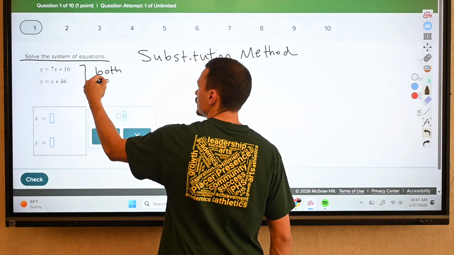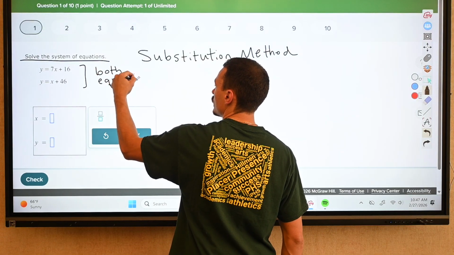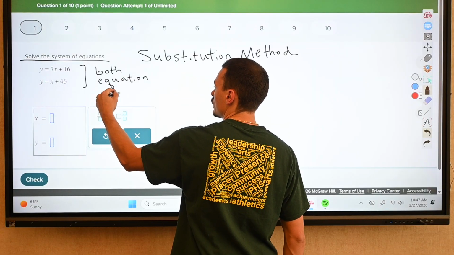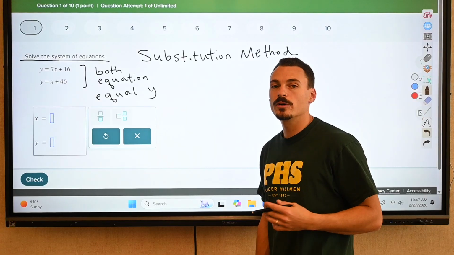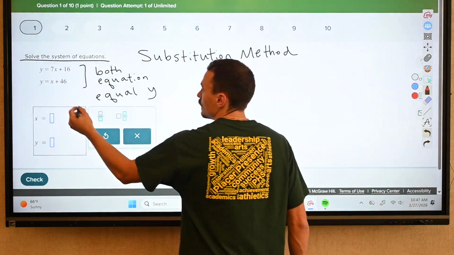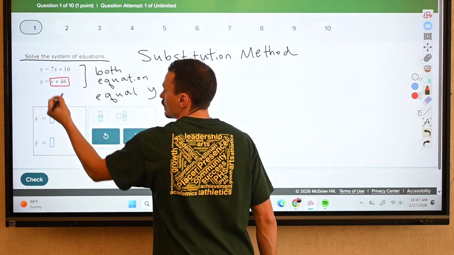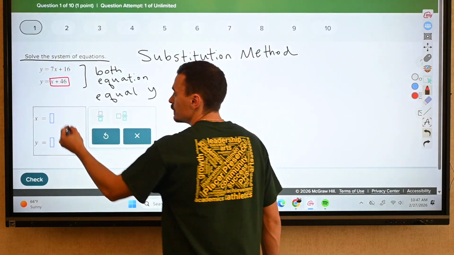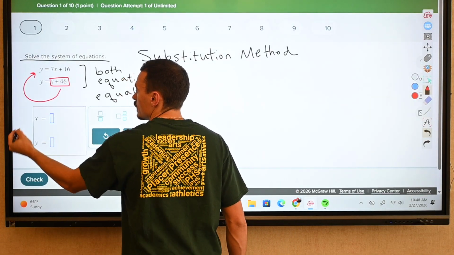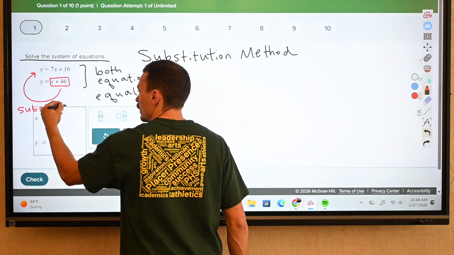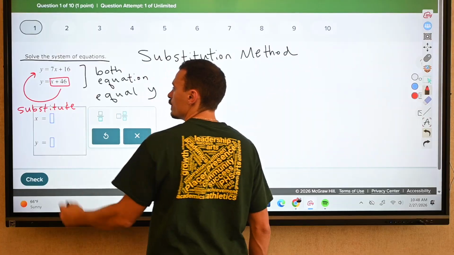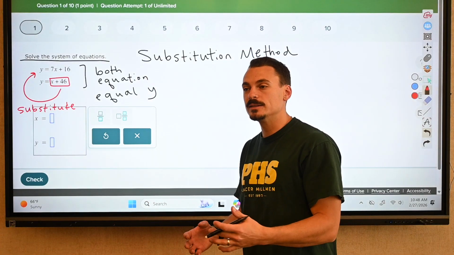Right here, you'll notice both equations equal y. So if both equations equal y, then I can take that expression and substitute it in place of y, because it's equal to y.